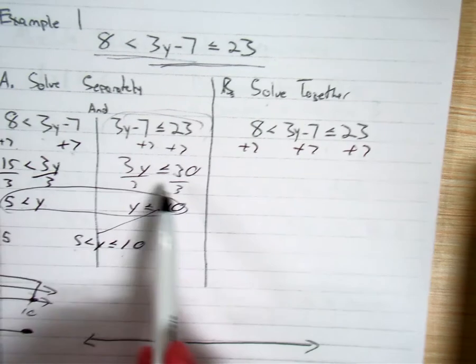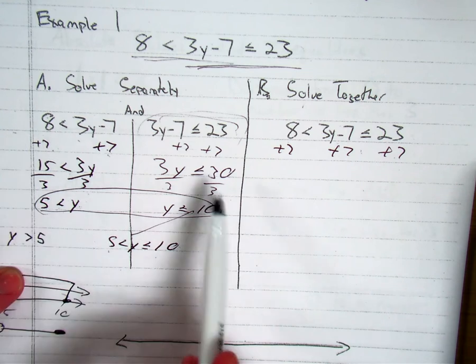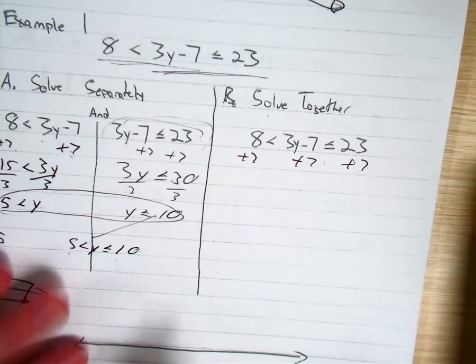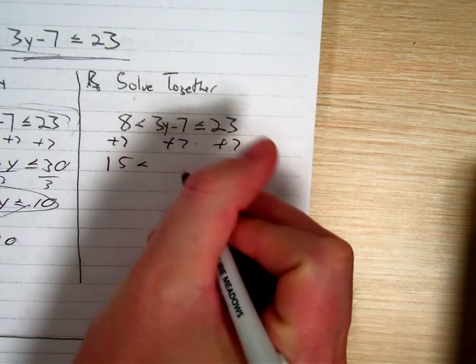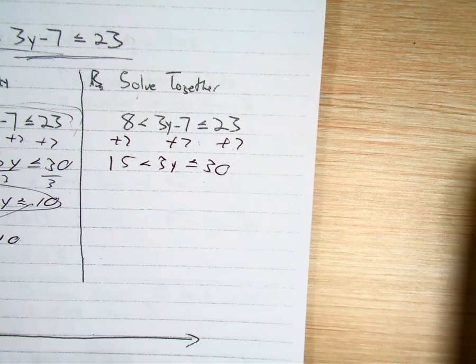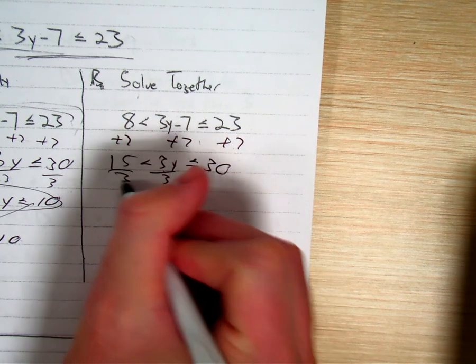Okay, and you'll see back here, that's what we did. I added 7 here, I added 7 to that side, but that was also the first step on this side, was add 7. Okay, 15 less than 3y less than or equal to 30. Alright, and now 3y, so divide everything by 3.